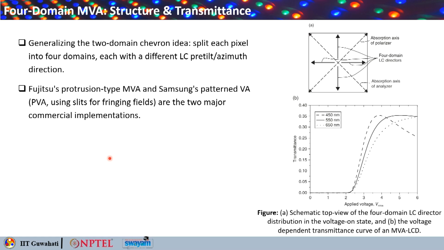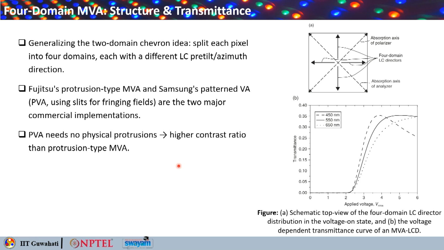This method, PVA, can provide higher contrast ratio since the light scattering protrusion structures are not present. Wherever there is a protrusion structure, there will be leakage. So the PVA method, Samsung's method, requires no physical protrusion, so you can get higher contrast ratio than the protrusion type MVA proposed by Fujitsu.